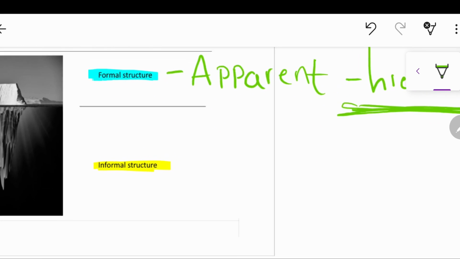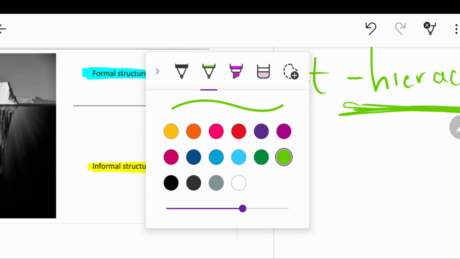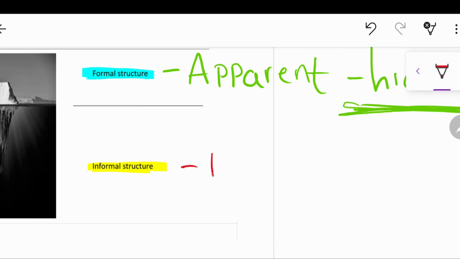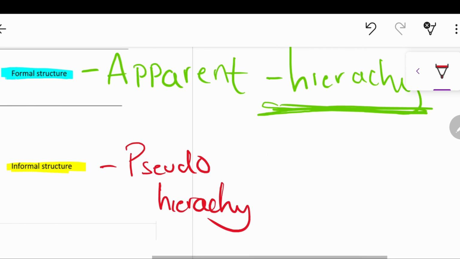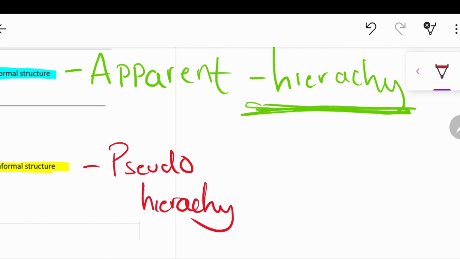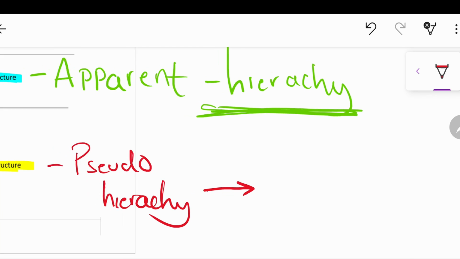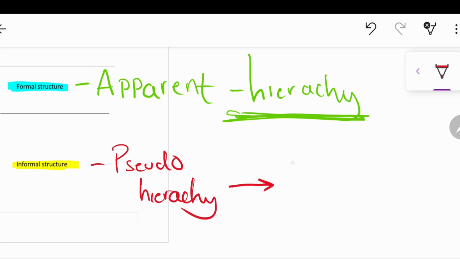However, in the informal structure, this is a pseudo hierarchy that is created from the workers themselves. And so within the human resources, the workers themselves will occupy themselves within hierarchies.